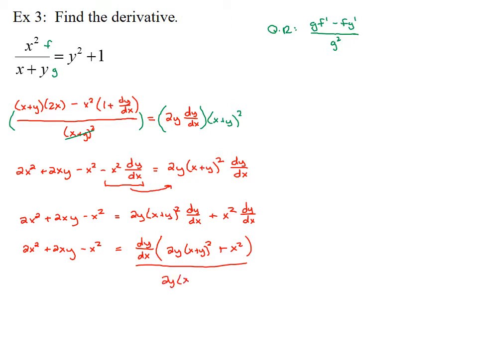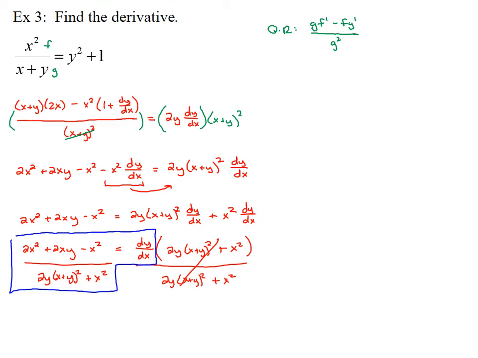So the 2y times x plus y squared plus x squared all over 2y times x plus y squared plus x squared. And I don't see anything in common with anything. So while this cancels, and I could rewrite it a little bit nicer up here if I needed to, as you can see from right here, this is your derivative. It's not pretty. A lot of these implicit derivatives are not going to be very pretty, but that's how it is.